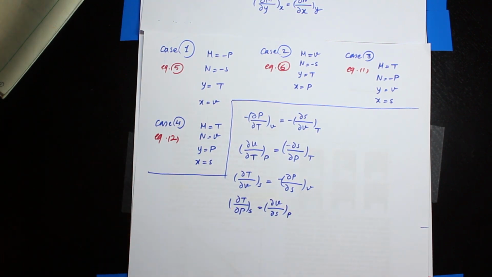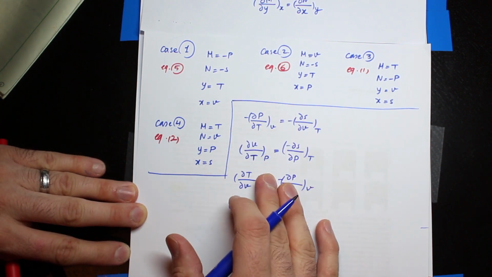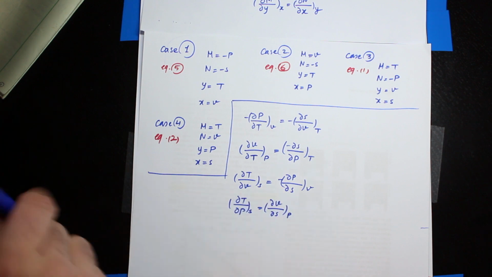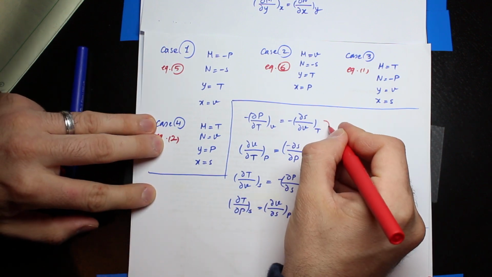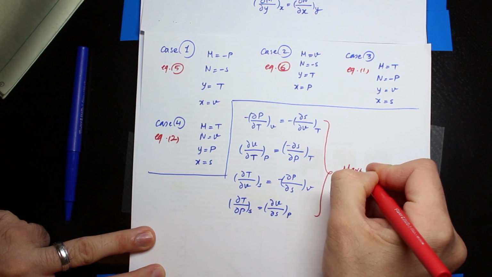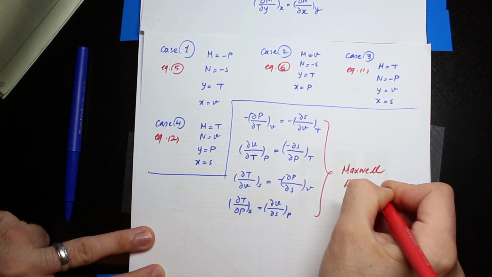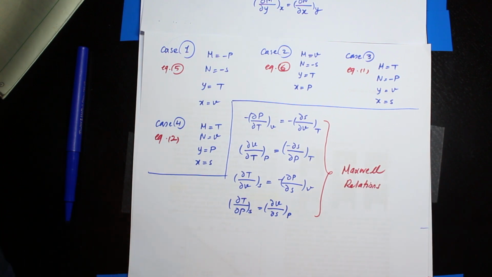Okay, so these are the 4 equations that I have, and we call them the Maxwell relations. So each of them can be used separately, which is extremely useful. So these Maxwell relations are extremely valuable.